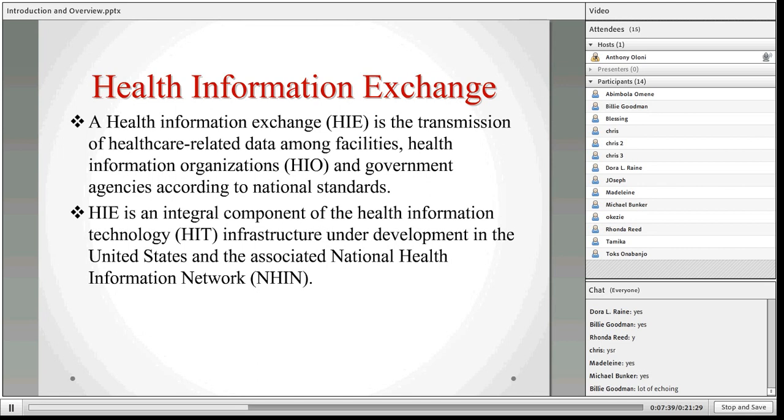If you remember, when I explained the Regional Health Information Organization, I talked about a collection of agencies that come together. For example, the Baptist Hospital, the Presbyterian Hospital, and all the other hospitals and ambulatory centers within the state of New York come together to make up the Regional Health Information Organization. Well, they have to make that up within a platform. So how do they make that up?